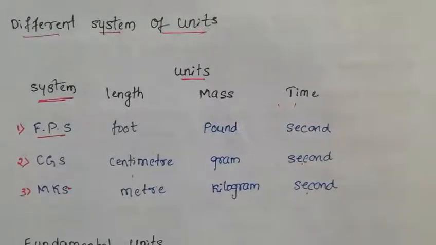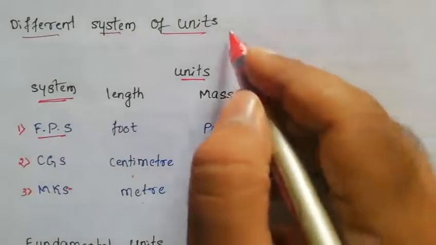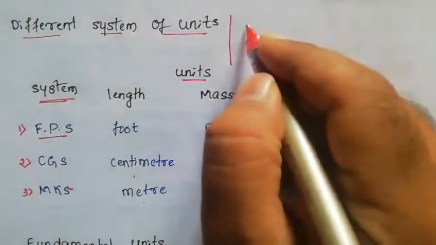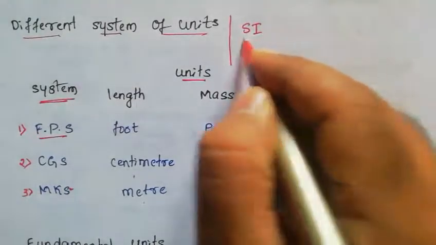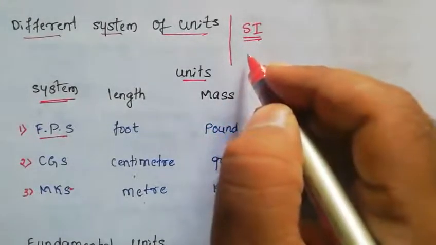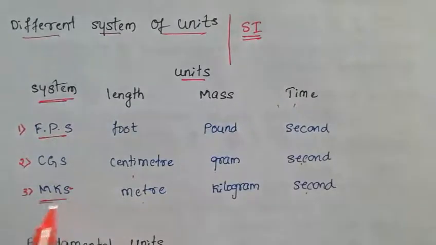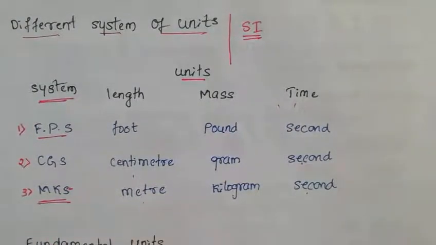So in order to avoid all these things, we have come up with a standard system, which we call the System of International. It is just an updated version of MKS. Like you can see nowadays new versions of phones come out, updated versions, same thing. Some quantities remain like MKS and some are updated.